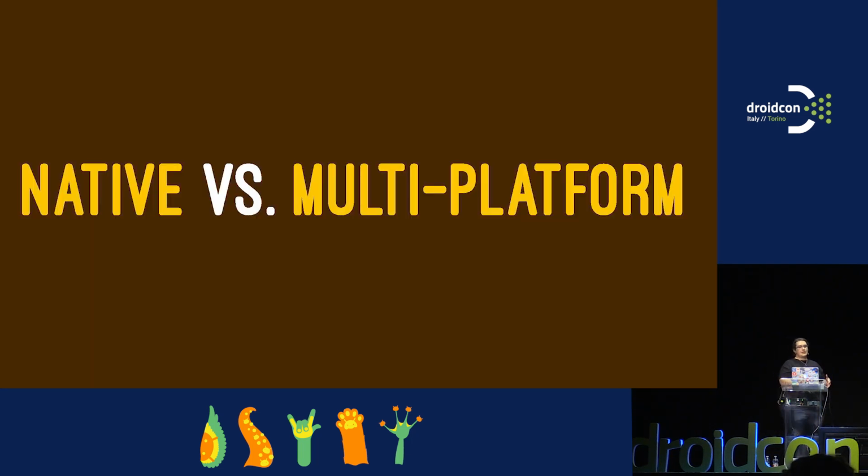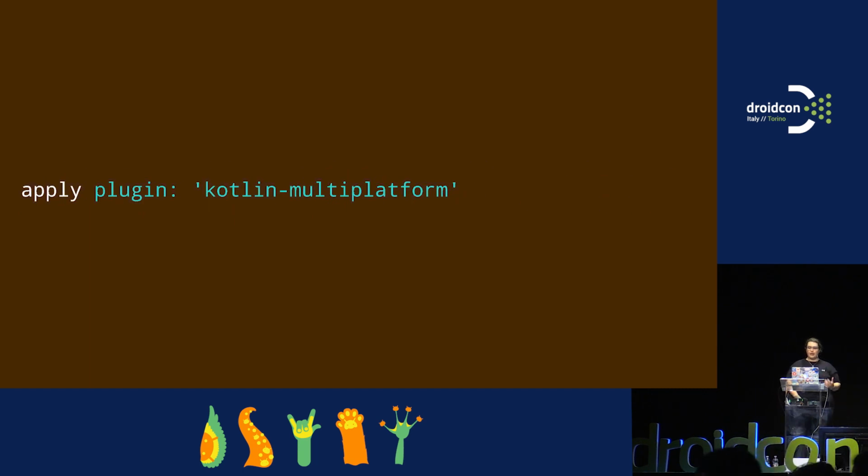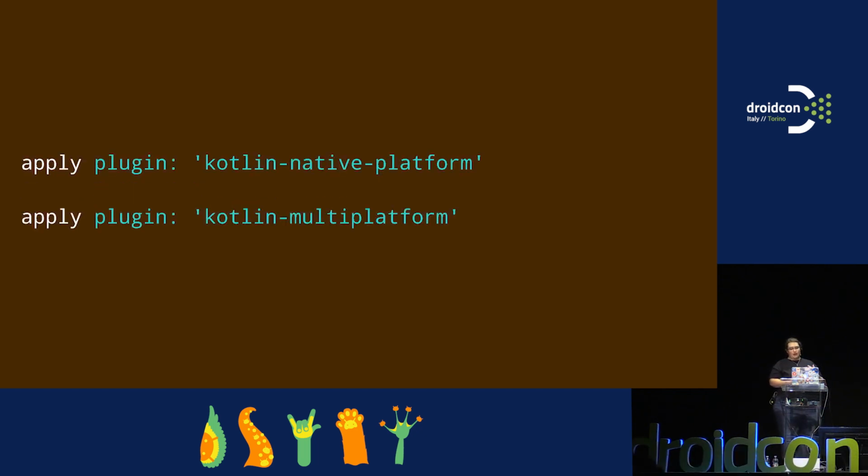The first is the distinction between a native project and a multi-platform project. Because when you look up the instructions for setting up most projects, you'll see that you need to add a plugin to Android Studio to get the code compiling properly. But in some older repos and older sets of instructions for building native code, you'll see a different plugin recommended, the native platform versus multi-platform.